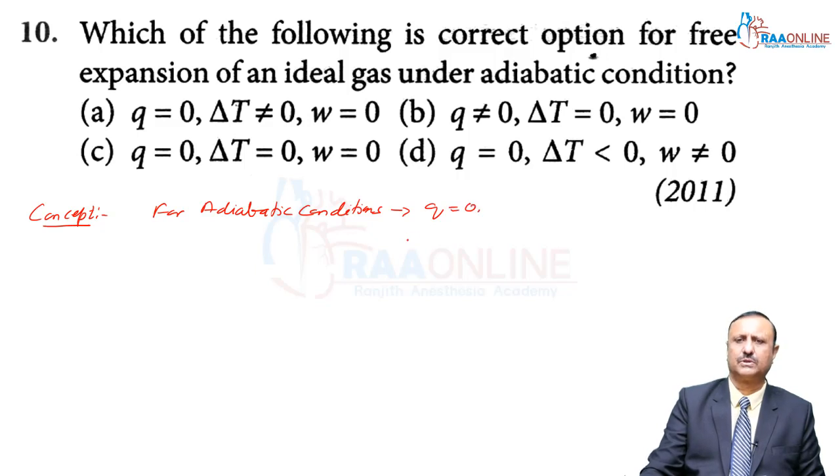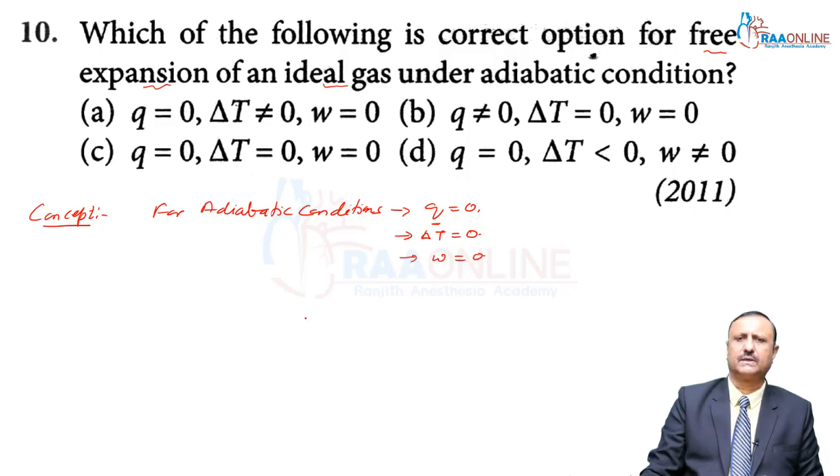So, Q is equal to 0, and since heat is a function of temperature, delta T is equal to 0. And when both are 0, you can see that free expansion is done, and for free expansion of an ideal gas, W is equal to 0.